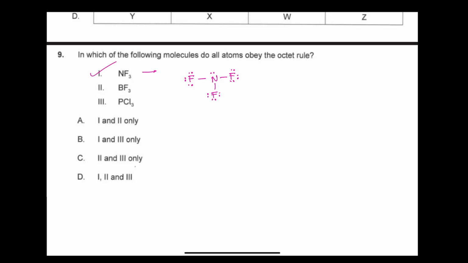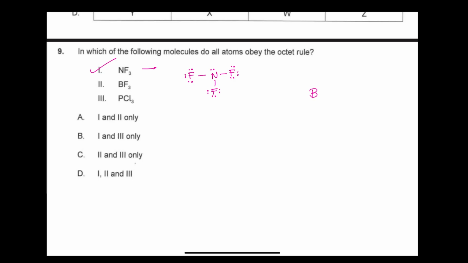So NF3 definitely follows the octet rule. For BF3, the structure looks like this. You see in BF3, each fluorine has 8 electrons around in its outer shell, but boron has 6 electrons. So BF3 does not follow the octet rule.